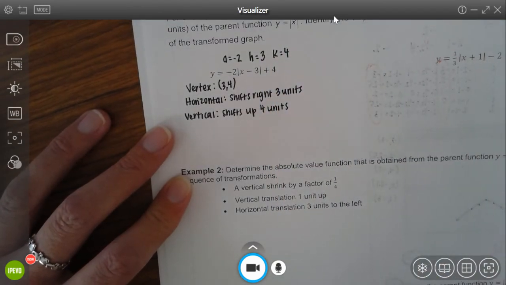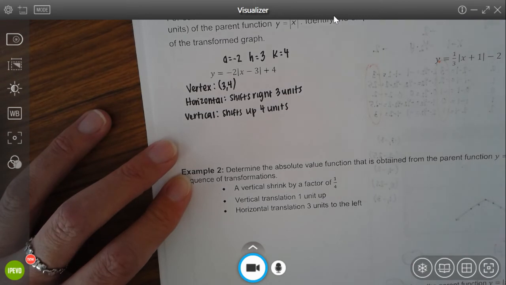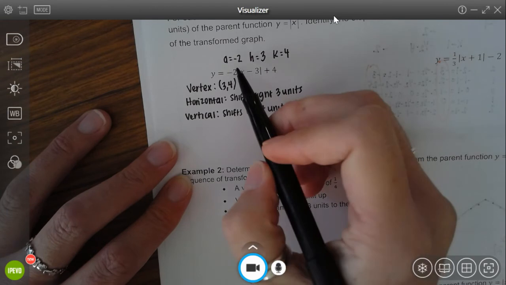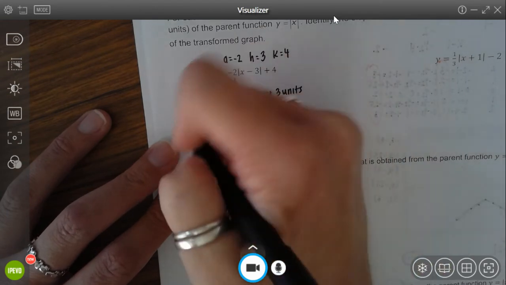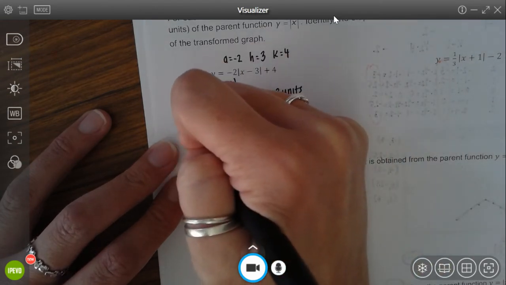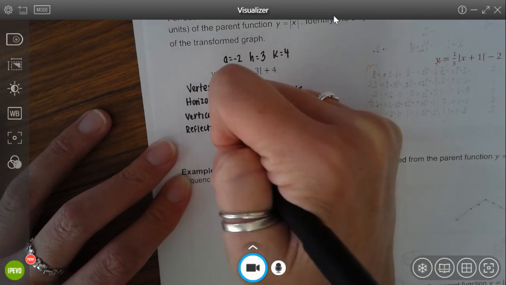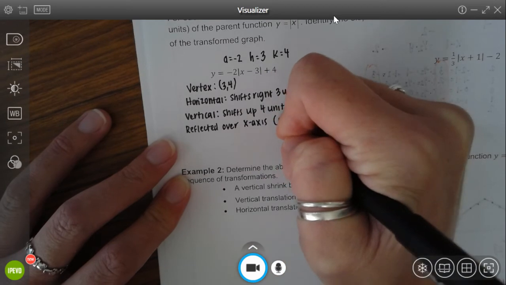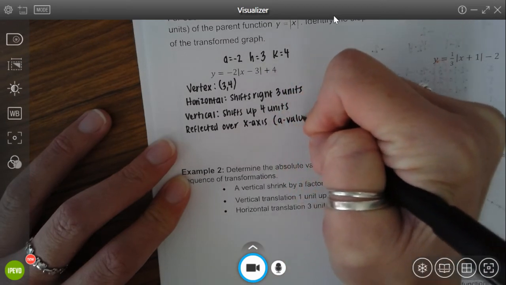And then it is also asking me to identify the slope. But before I do that, I'm going to also talk about 2 things with the A value. Since the A value is negative, this is reflected, and I'm going to say specifically over the x-axis. And that is because the A value is negative.